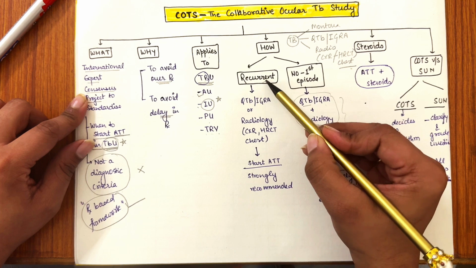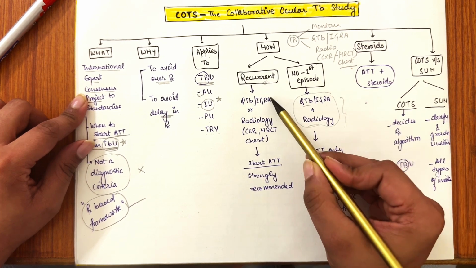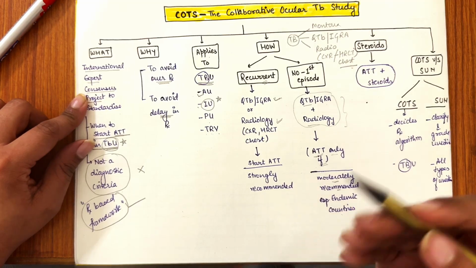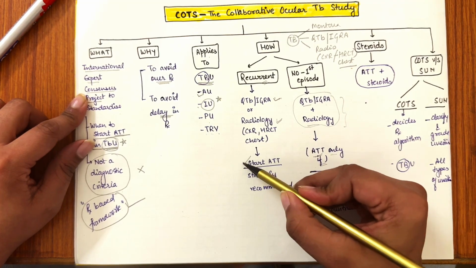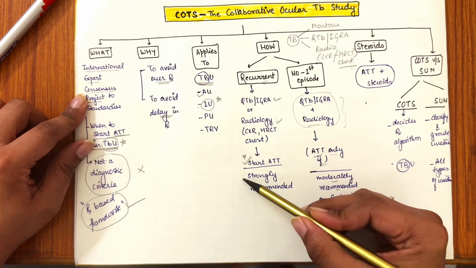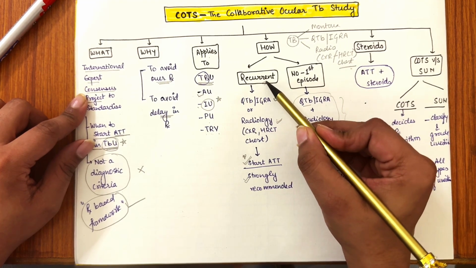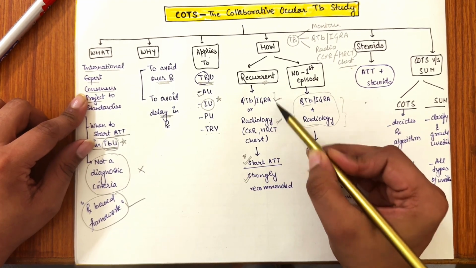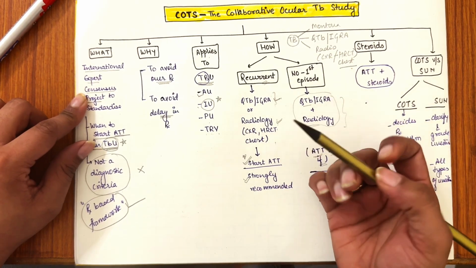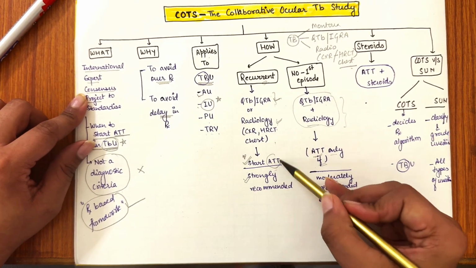COTS says that if the case is recurrent, then even if only one of these tests is positive, in an endemic country like India, you start ATT. You keep the threshold low for starting ATT. It is strongly recommended in recurrent cases with any one of these two tests positive, and if the clinical picture is also of tuberculosis, start ATT soon.